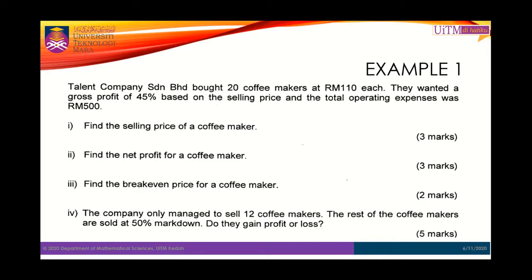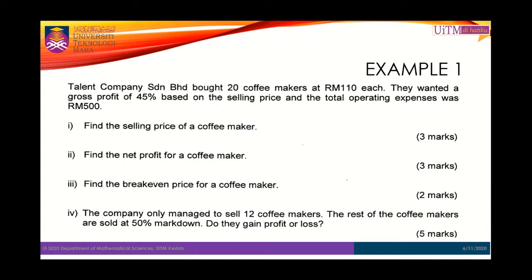Basically in this case, you can see the given information: the coffee maker was bought at 110 ringgit each. So that means the cost price for each coffee maker is 110 ringgit. And then they sell it at a gross profit of 45% based on the selling price.